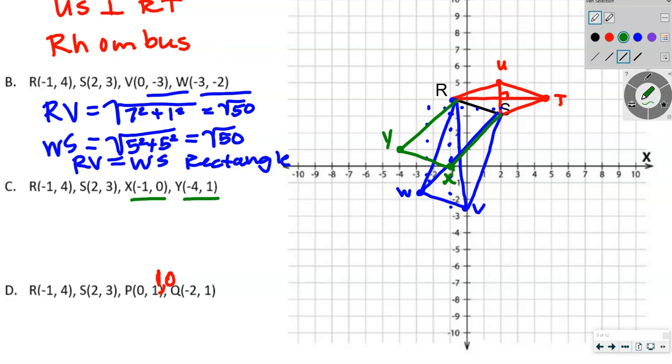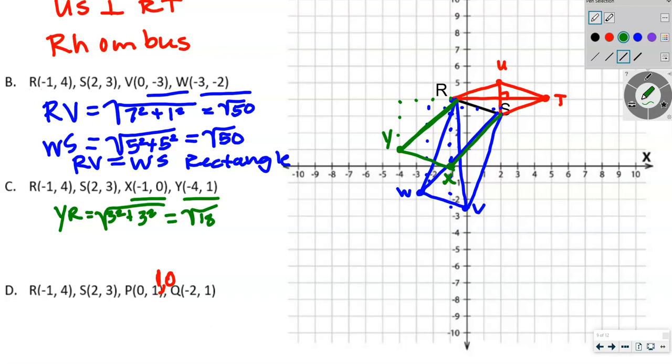So I'm just going to count the rise over the run of these two sides. I'm looking at YR right here. Y'all see YR right here? I'm going to go 1, 2, 3, 1, 2, 3. So YR is going to be 3 squared plus 3 squared, right? That's 9 plus 9, so that's the square root of 18. For it to be a rhombus, RS would have to be the same, right?